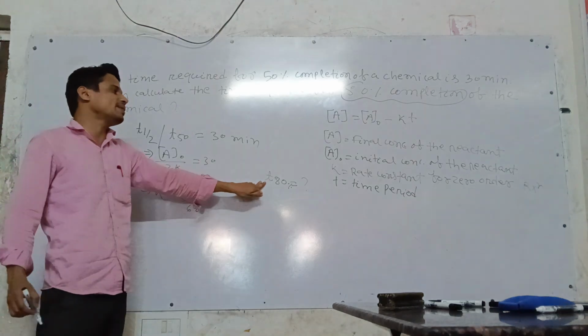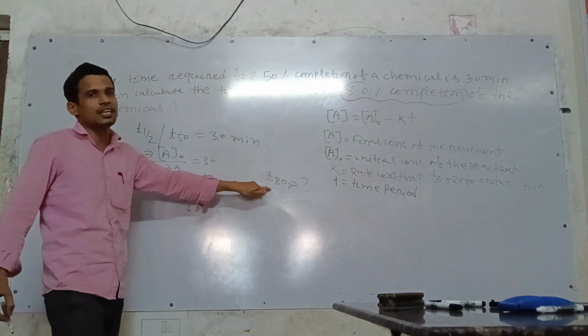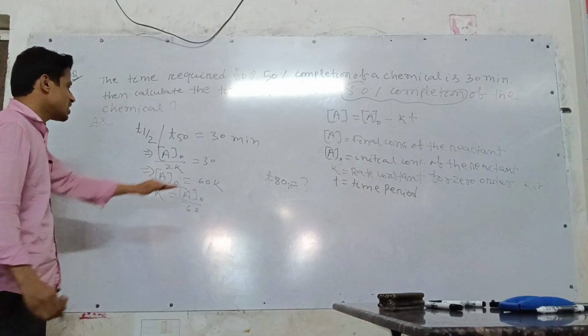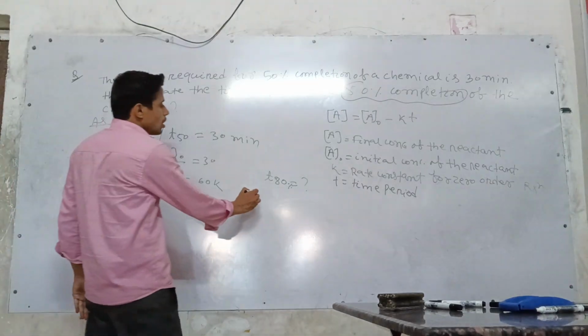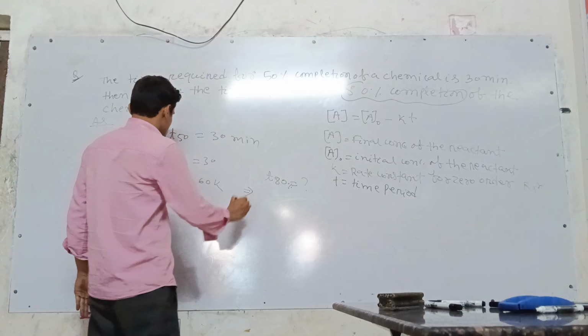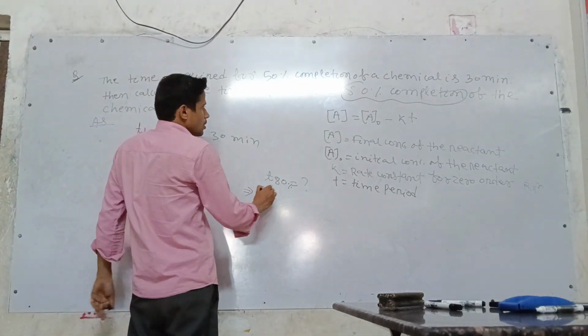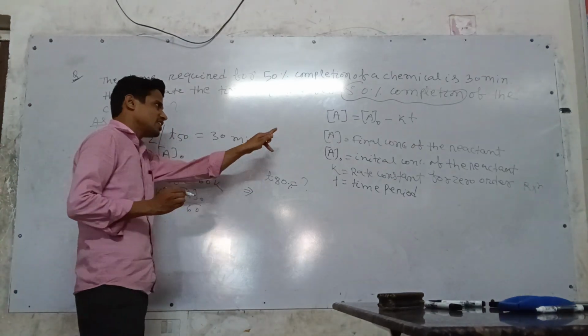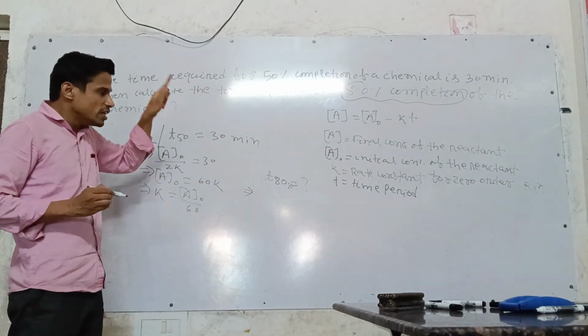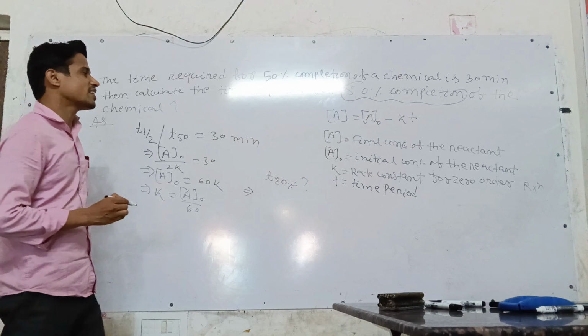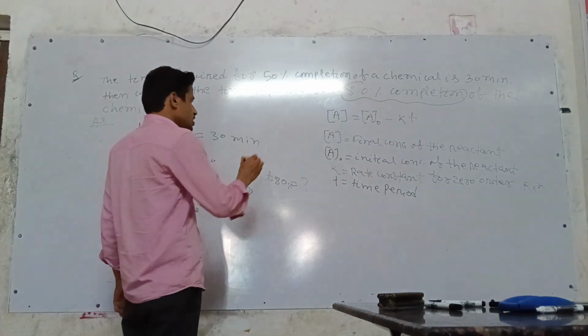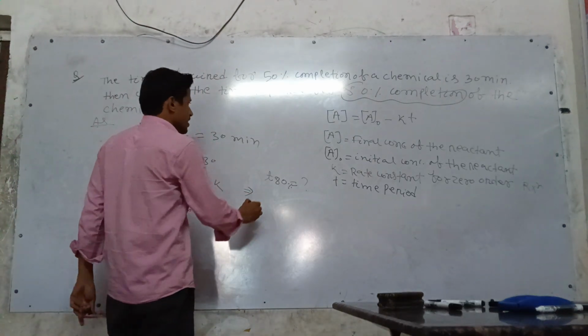If 80% is complete, then how much remains? 20% remains. So A equals A0 minus Kt, where A is the final concentration here, which is equal to 20% of the initial concentration.